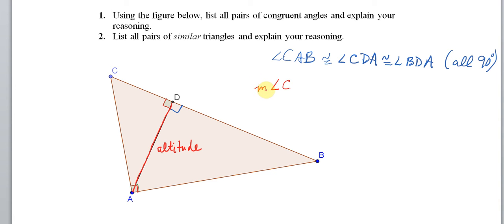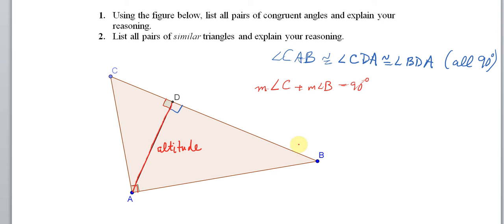So the measure of angle C plus the measure of angle B is equal to 90 degrees. So this angle up here and this angle up here add up to 90 degrees. The reason that they add up to 90 is because they're acute angles in a big triangle. This angle C, angle CAB, and angle B add up to 180. You already got 90 degrees down here, so the remaining two angles must add up to 90 degrees.